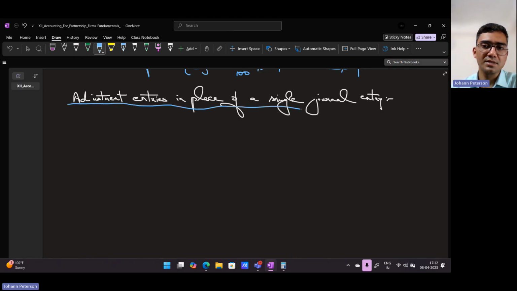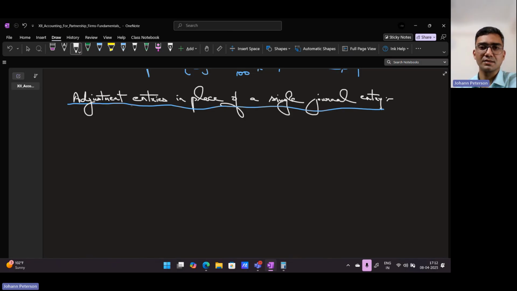So up till now, what we have seen is what all errors we do or what all omissions we do, we pass a single entry to rectify those errors. So rectification of these errors at this particular stage in partnership accounts can take place in two ways. And when does it take place? First, we'll discuss that. So it takes place at the beginning of the next accounting year.